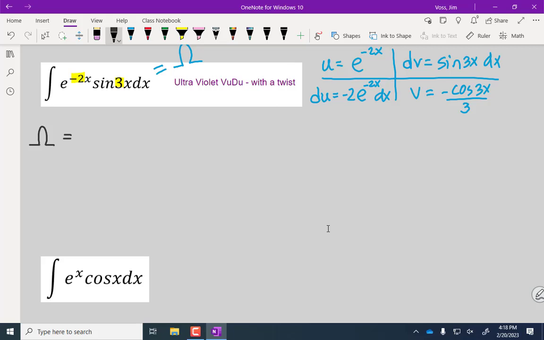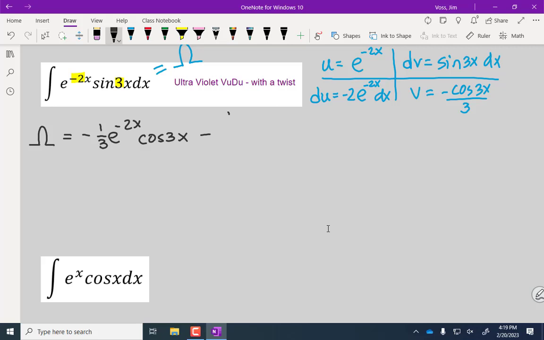So uv is minus 1/3 e to the minus 2x cosine 3x. So that's the main diagonal, u times v, right there. uv minus the integral of v du.